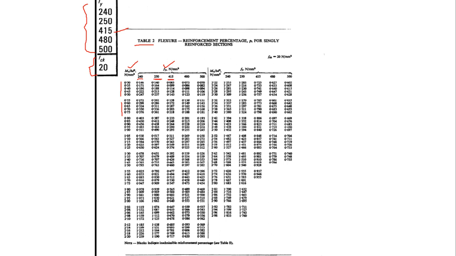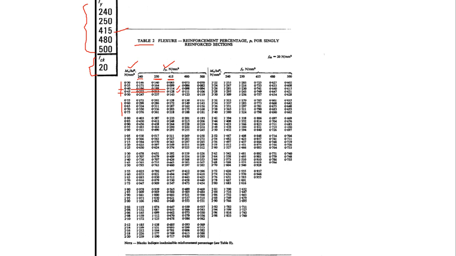Now the value of Mu by bd square in our case was 0.41. You can see that here I have got 0.40 and here it is 0.45. So in between I will be having the value of 0.41. For 0.40, the percentage of steel that is required for Fe415 is 0.114, and for 0.45, the percentage of steel that is required is 0.128.